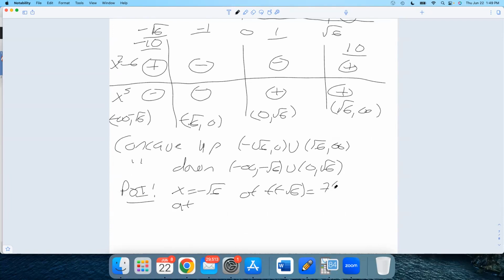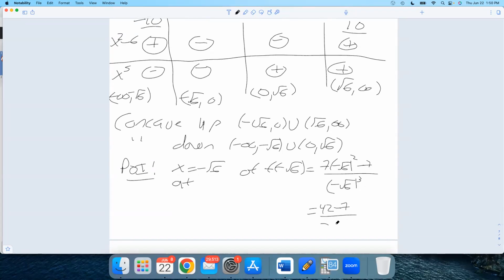And that would be 7 times negative root 6 squared minus 7 over negative root 6 cubed. All right, negative root 6 squared would be positive 6 times 7. So that's 42 minus 7. And I would write this as negative 6 to the 3/2 power. What's 42 minus 7? That's 35. So this will be negative 35 over 6 to the 3/2 power. I just moved the negative to the top. So that's 1 point of inflection.